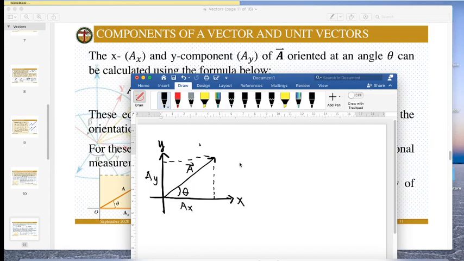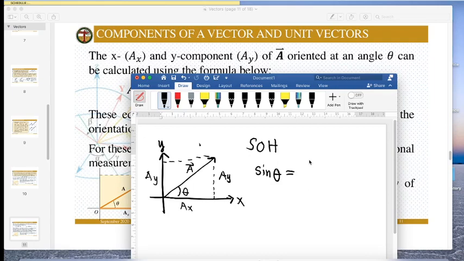So to find the x and y component, you need to use the SOHCAHTOA method. In your trigonometry, we have the SO. The SO means sine is opposite over hypotenuse. So for example, the sine of theta, the theta here is the angle theta at which A is oriented, is equal to, what is the opposite side of theta? This is the opposite side, and this opposite side is actually equal to Ay, right? So it is equal to Ay, as you can see here.